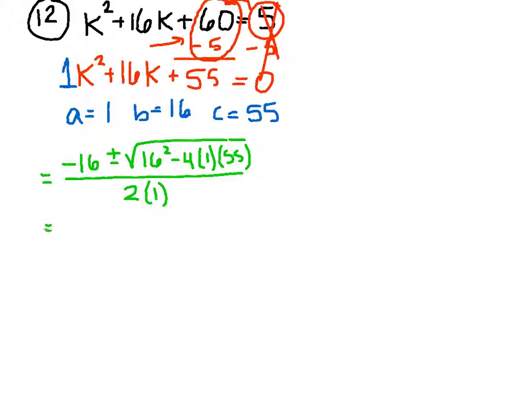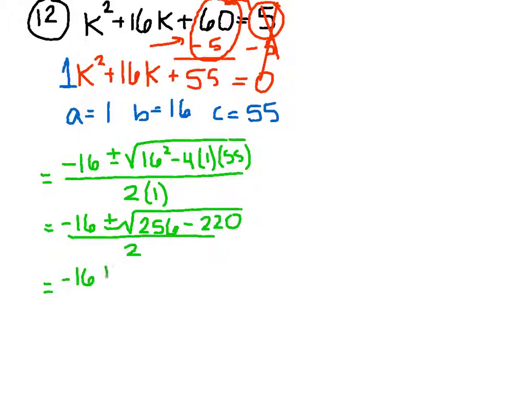And again, just simplifying now, negative 16 plus or minus the square root of 16 squared, which is 256 if you do it in your calculator, and then 4 times 55 is 220, all divided by 2. So we have negative 16 plus or minus 256 minus 220 is 36 divided by 2.